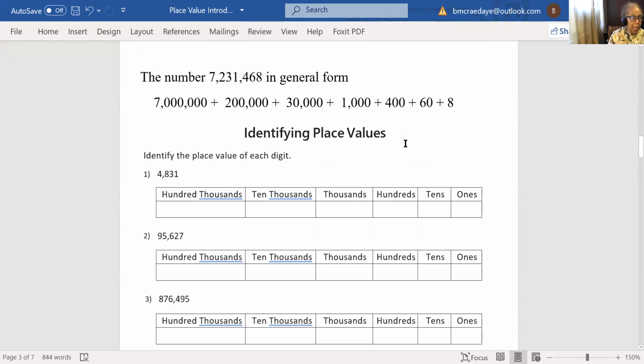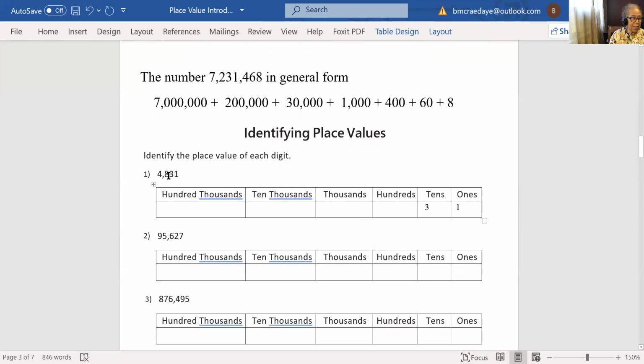Okay. Now, this number is 4,831. So what do we have in the ones? We have a 1 here. So let's just put our 1 here. That's a 1. What do we have in the tens? 3. That's 30, right? So we have 3 tens. What do we have in our hundreds?